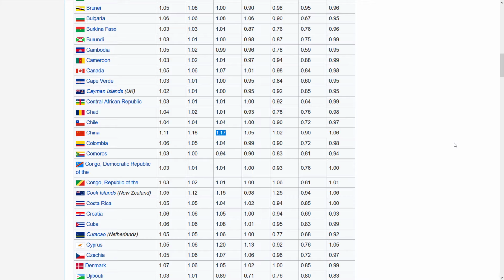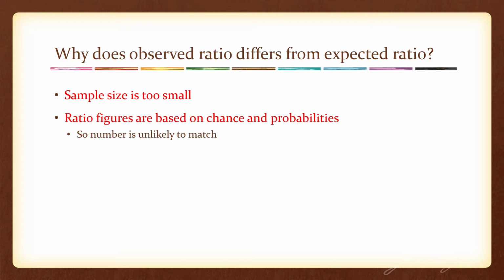And this can easily cause the observed ratio to differ from the expected ratio. So as you can see, human selection can play a role in determining the final outcome of the ratio of male is to female. It could be the same for some other phenotype.